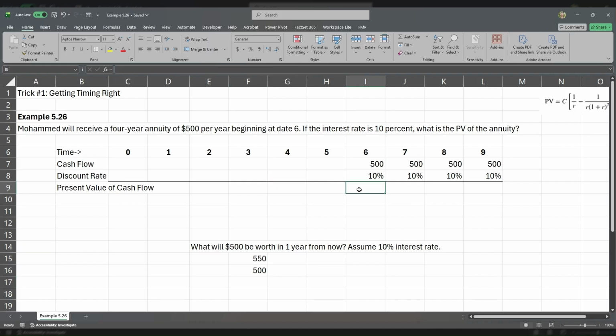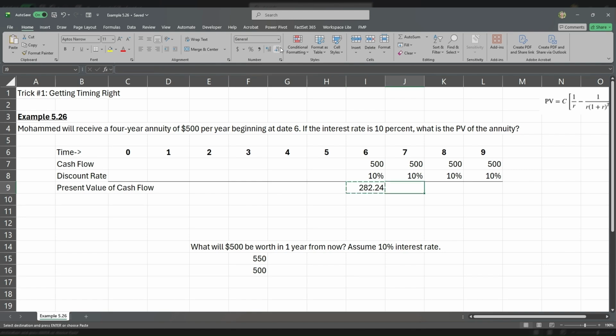So for example, right here, if I want to figure out the present value of $500, my future value is 500. So future value divided by 1 plus the discount rate, which is 10%, to the power of 6. So this is going to give me the present value of $500 in 6 years from now. So present value of a single amount.